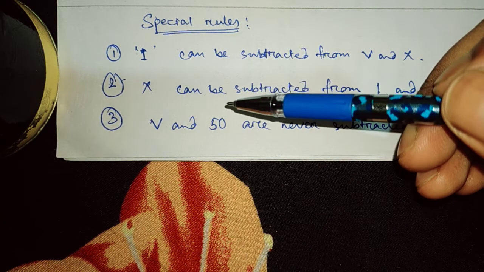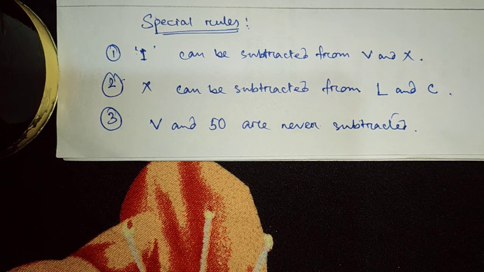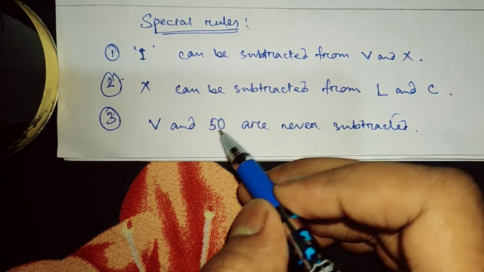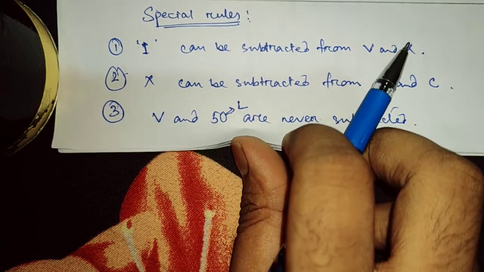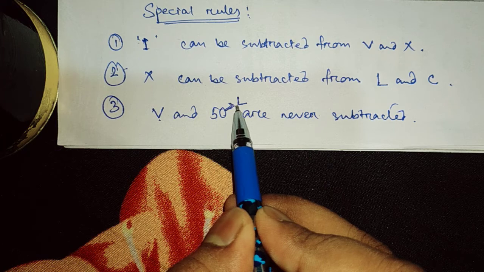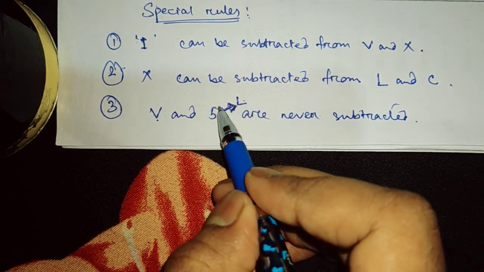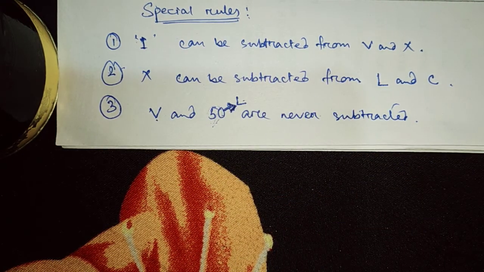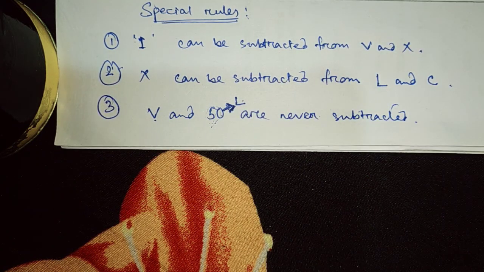You'll never see anywhere where 5 is subtracted or 50 is subtracted. 5 and 50 are always added. I'm sorry, this 50 should actually be L, since we're talking about Roman numbers. This 50 should be L, not 50. This is Hindu Arabic. We are studying about Roman numbers. Don't make this mistake. Thank you.